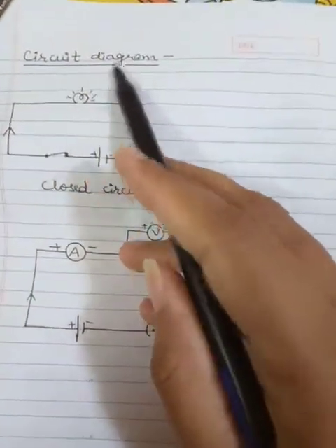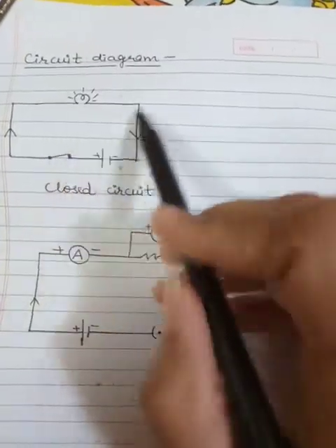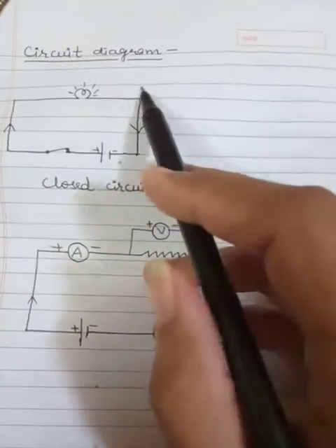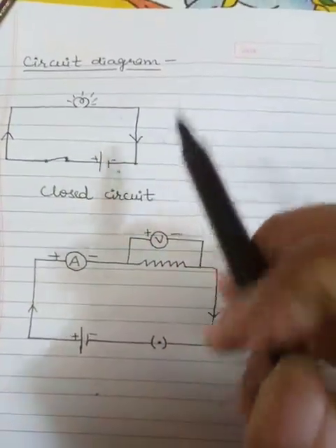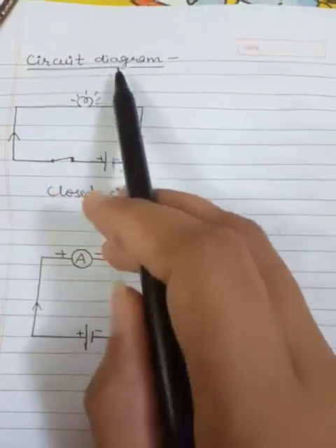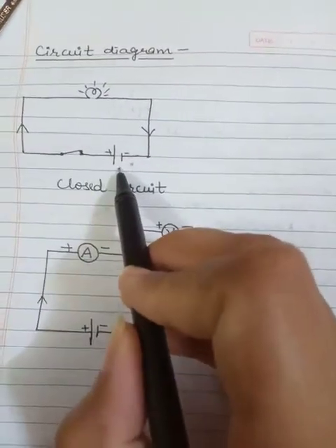Next topic is the circuit diagram. Means we can represent these circuits in the form of a diagram by using the symbols. Suppose we have a bulb and we need to draw the circuit diagram using a bulb, a key and a cell.